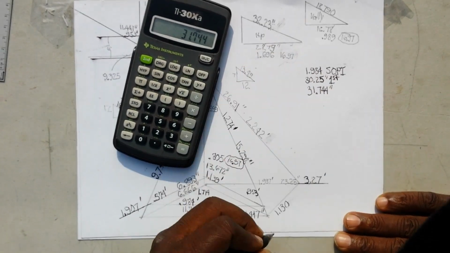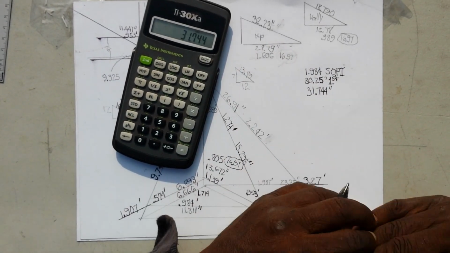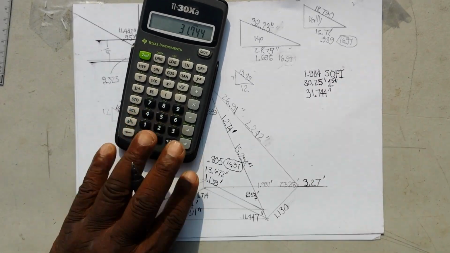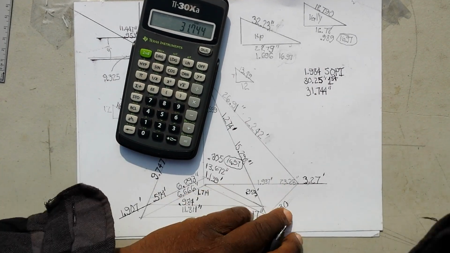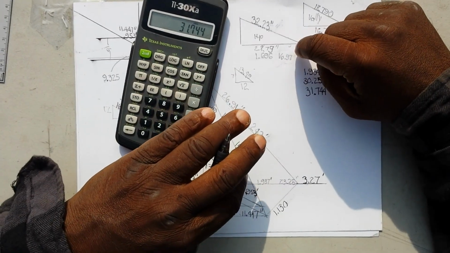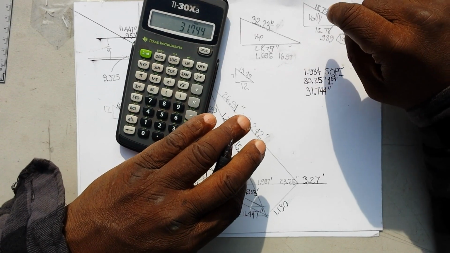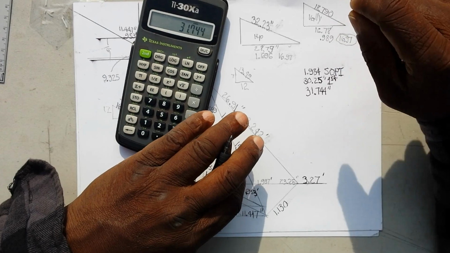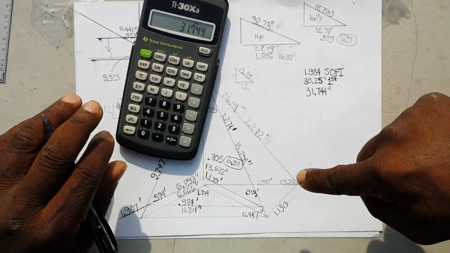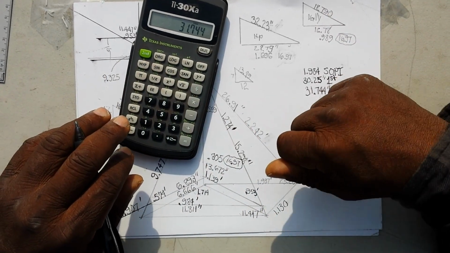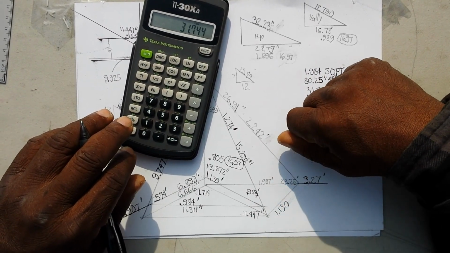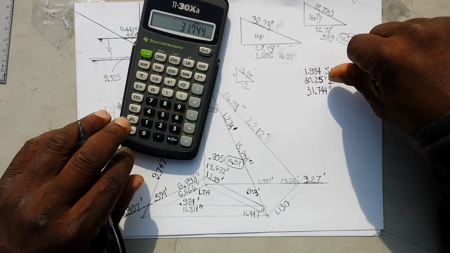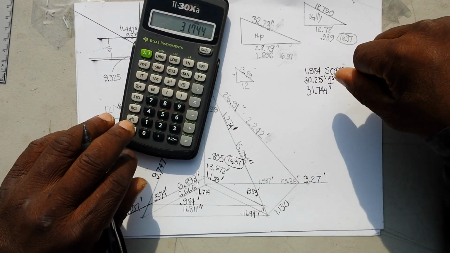All right, so now we know we really can figure out all of the jacks. And I'm also going to show you where you start measuring on the king common, where you hold your tape measure on the king common in order to get your first jack measurement, and then your 16 on center.